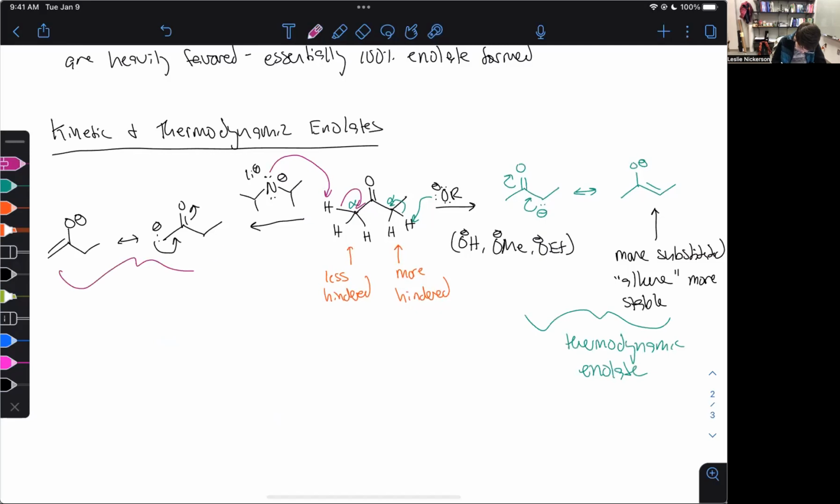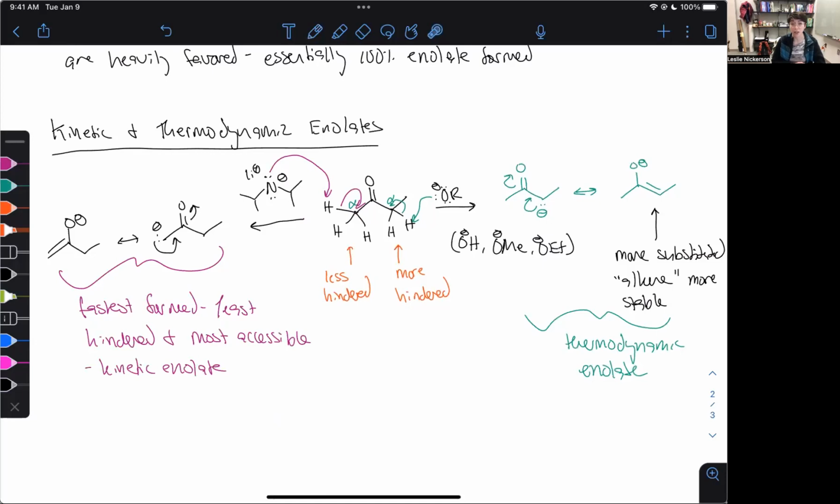This one over here is the fastest formed because it's the least hindered, which makes it the most accessible side. This is the kinetic enolate.